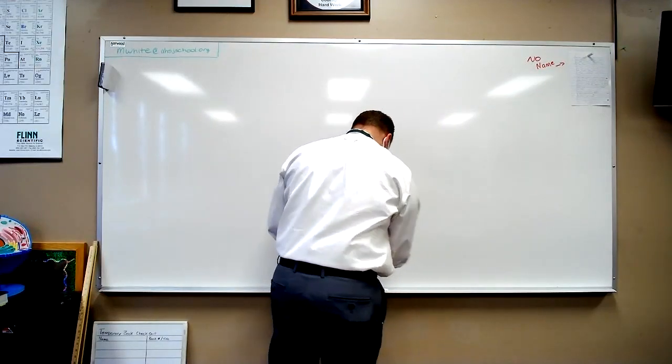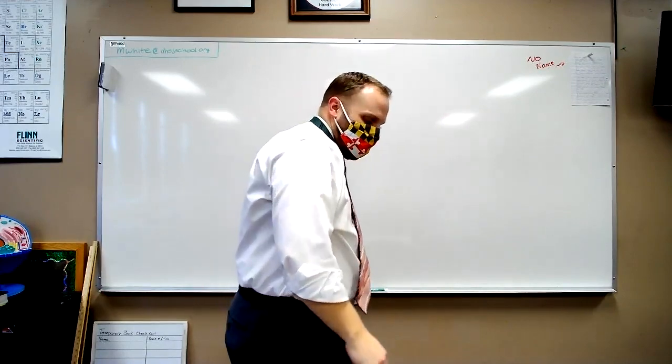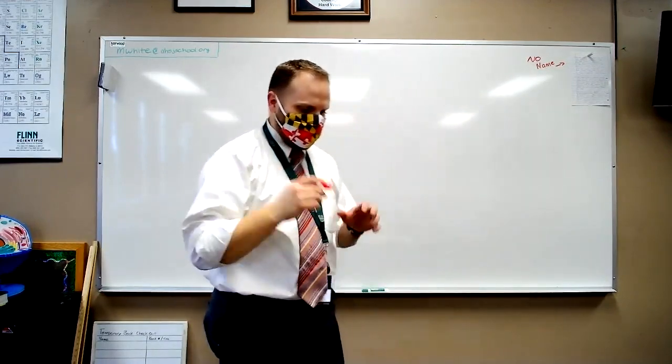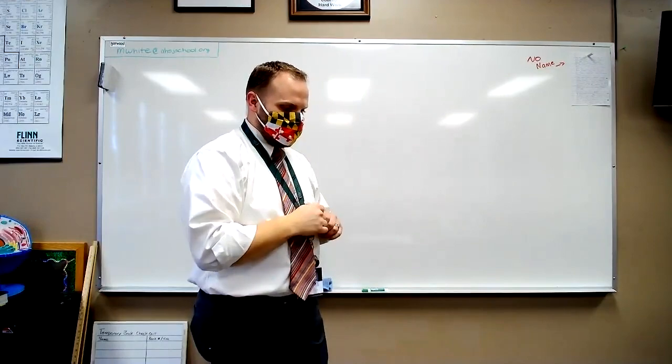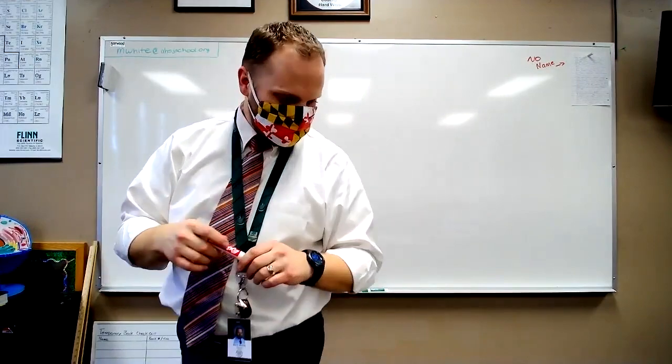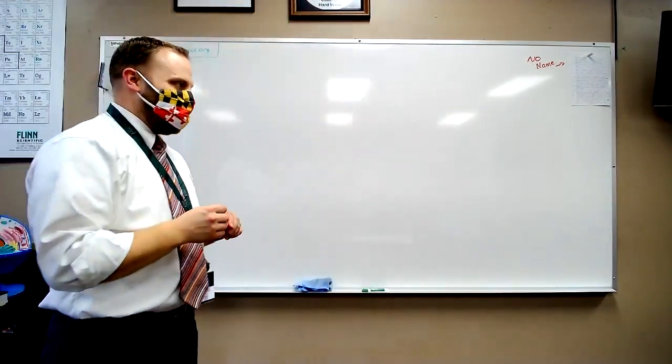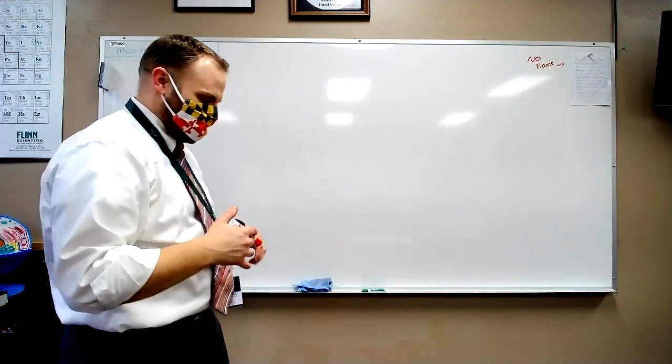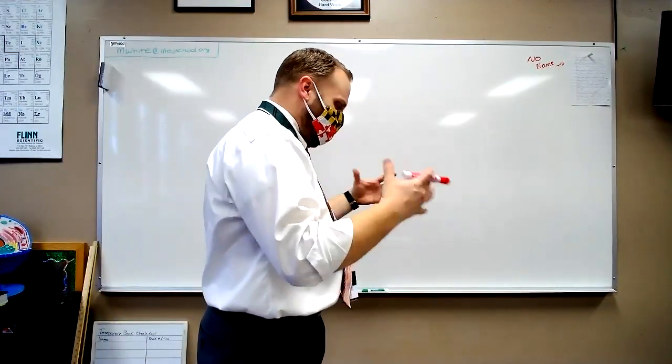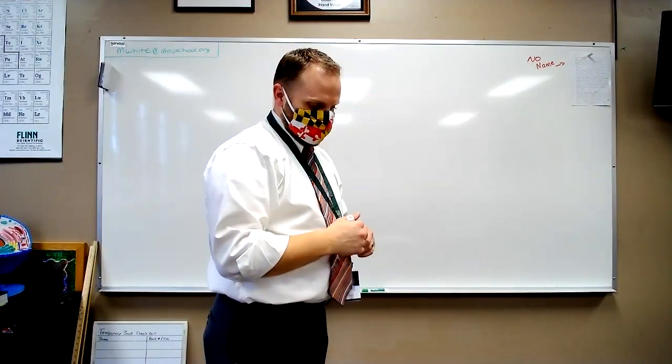We are going to take some time to figure out how we can predict whether mixing these two things is going to create a precipitate or not. It's all based off of what you're mixing and the concentrations.